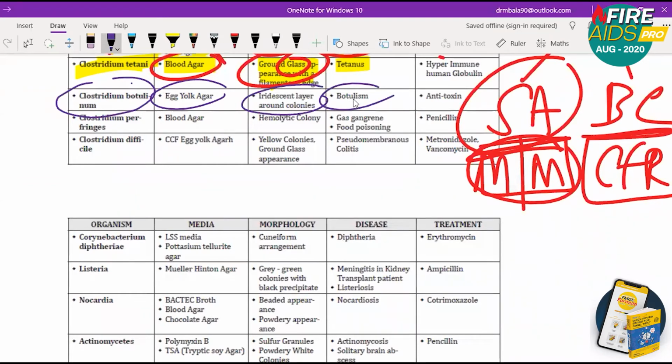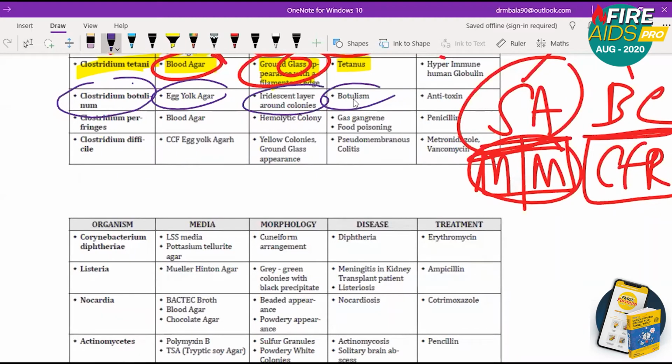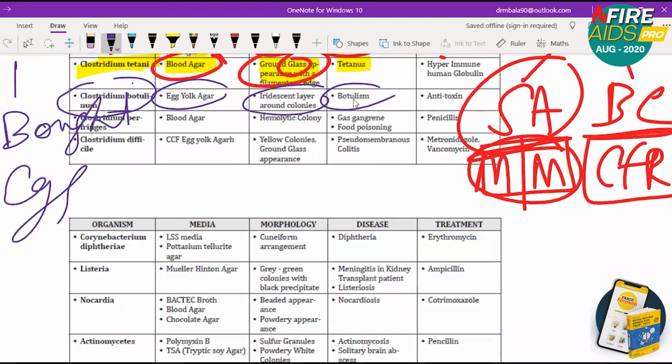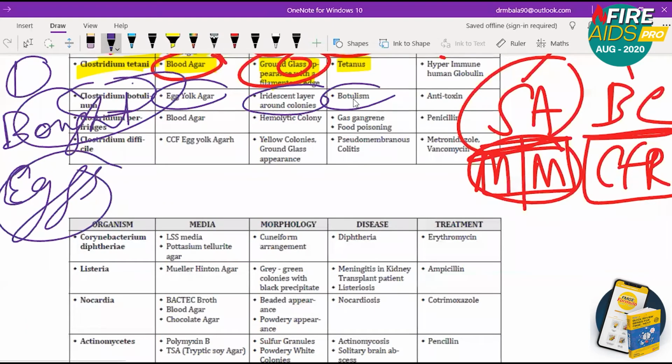I don't think you need a specific mnemonic for this, but you can remember: I bought eggs. Bought is for botulinum, I is for iridescent layer, X is for egg yolk agar. If you want to note it down, you can.